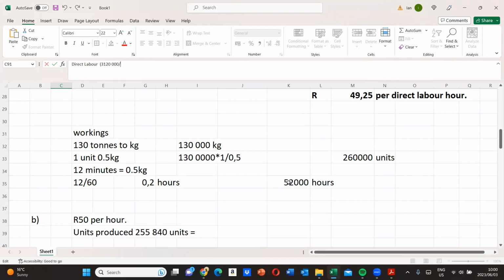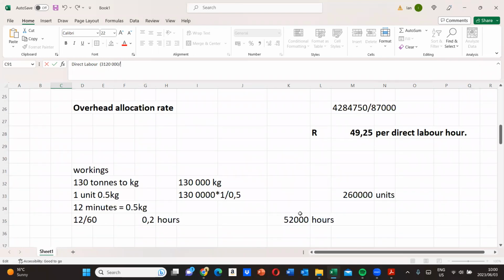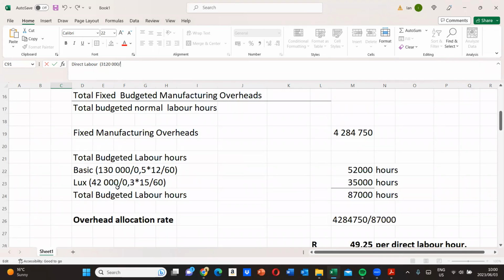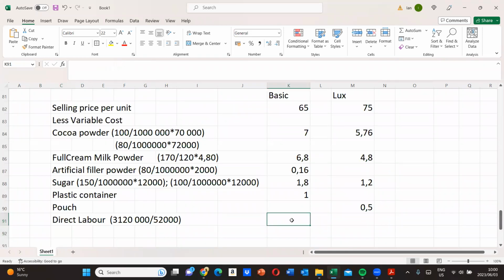Or here? So we could have divided with 52, the number of hours that is taking us per unit. So we could have just divided by 52. And then to give us what?